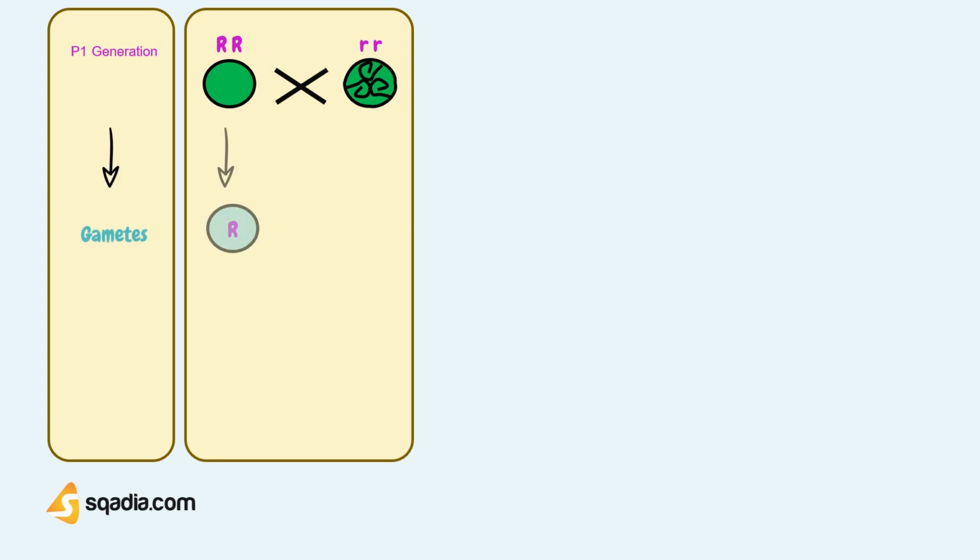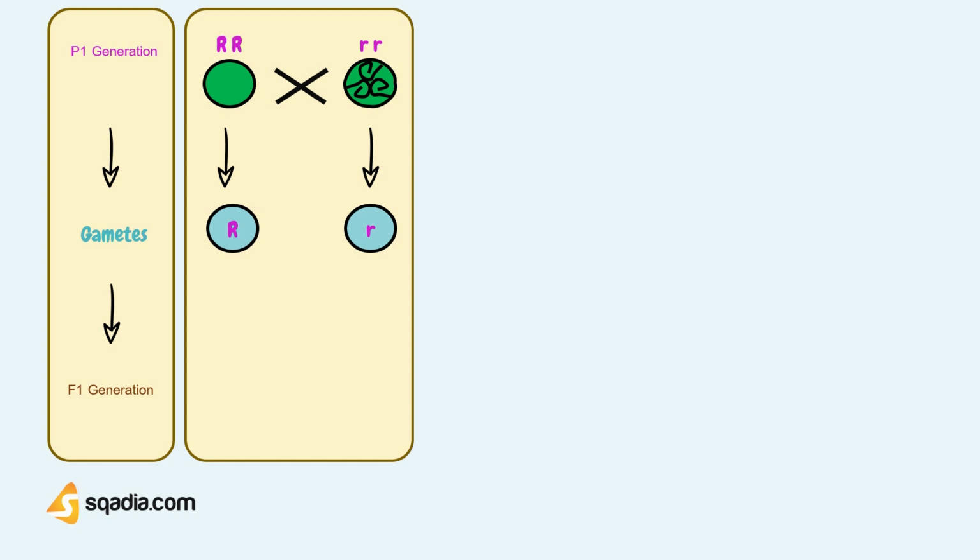The parental generation is denoted as P1 generation. One is round and the other is wrinkled. Gametes will be generated, capital R from one parent and small r from another parent. The offspring of P1 generation are F1 generation, called the first filial.